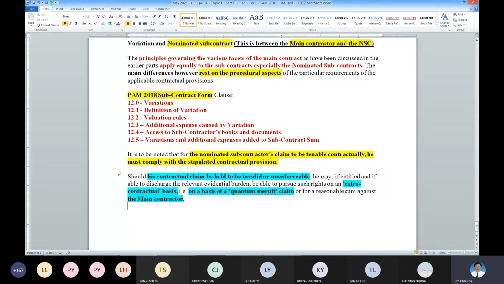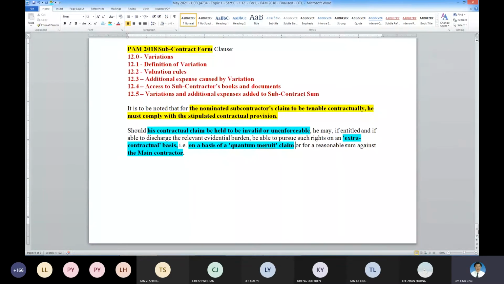You just change it to the employer here. Okay, the main contractor and employer. So if the main contractor contractually cannot, then there is an extra contractual basis or common law basis, and you can claim. Whether it's going to be paid under the quantum meruit basis or actual cost basis, that has to be worked out. With that, we come to the end of today's topic 12.